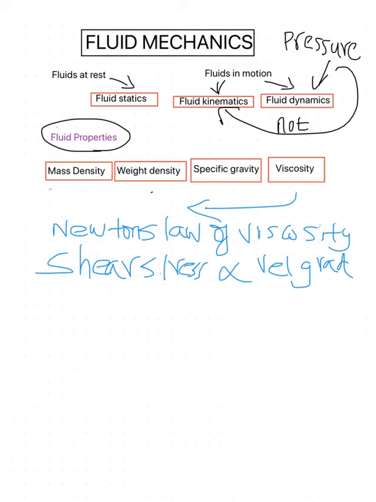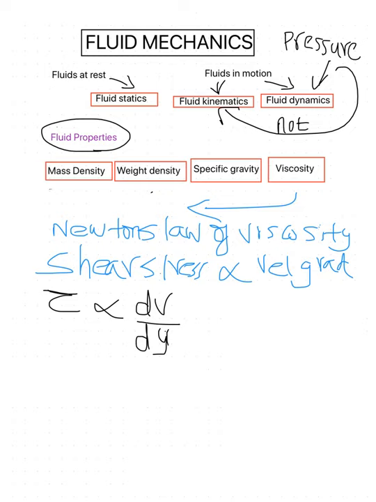Okay, shear stress is directly proportional to velocity gradient. That's what Newton's law of viscosity says. Now let's put it equation-wise. Tau, that is what we represent shear stress as. Tau is directly proportional to velocity gradient. So it is dv by dy.